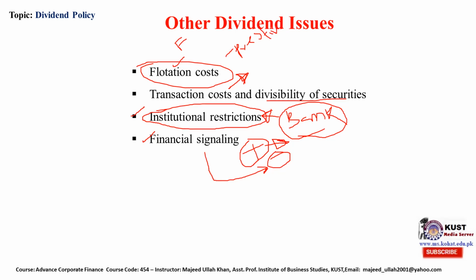So it is very easy for the company to issue a new share, but the company always prefers to use internal sources of earning in the new project. So the company sometimes refrains from issuing a dividend due to these types of restrictions or issues.